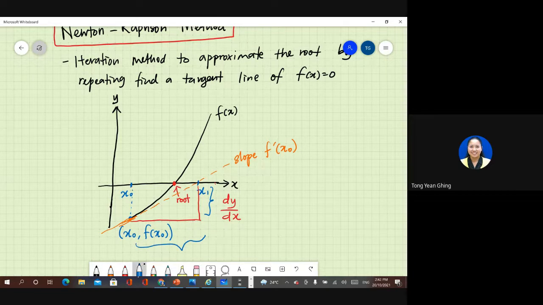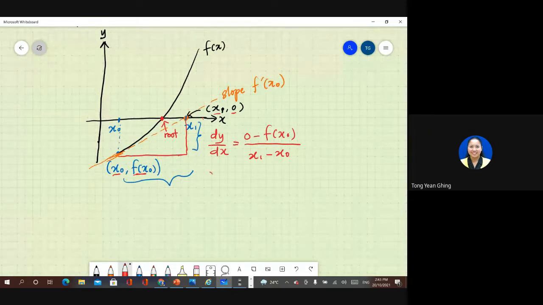At this point this is x1, 0, and this point is x0, f(x0). So if I want to write dy/dx, that means dy/dx is 0 minus f(x0) divided by x1 minus x0. So dy/dx we can also write in this form.